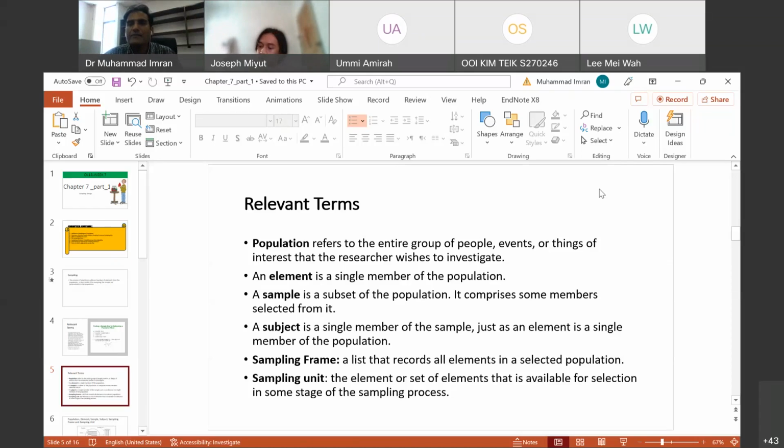Then who will be the element? An element is a single member of the population. Employee will be the element. All employees will be the population, and one employee will be the element of the population. The sample is a subset of the population comprising some members.